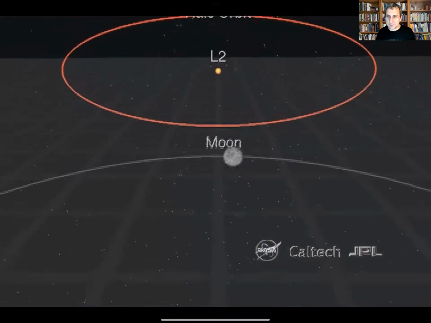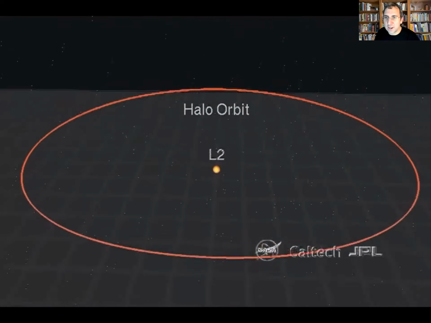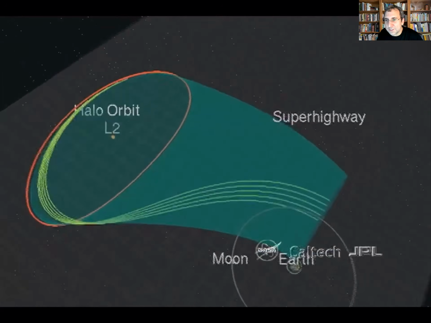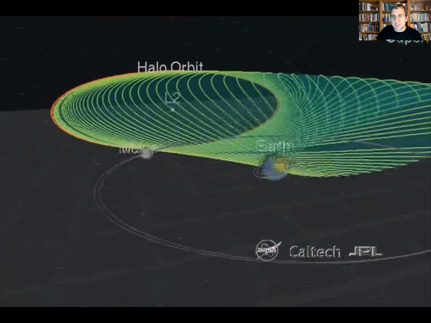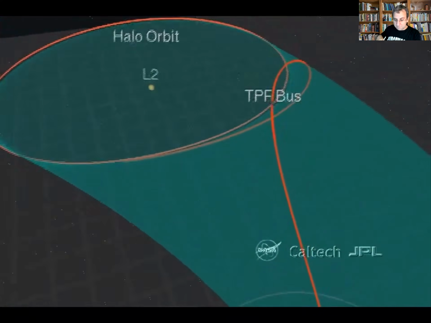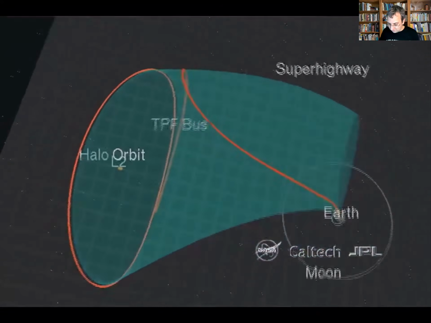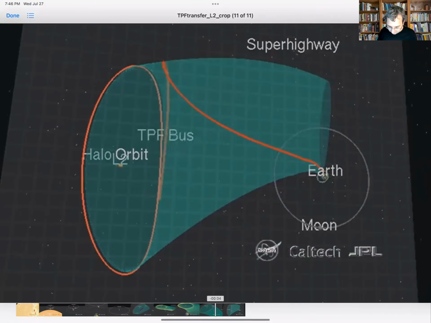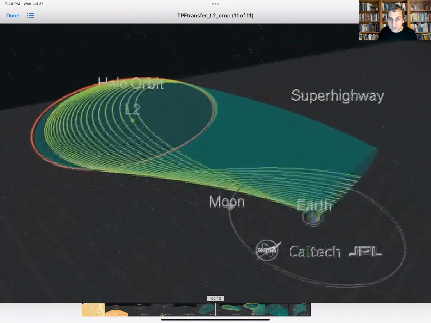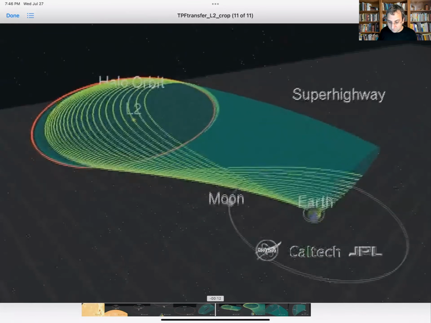And then here's another video that we've made. So this is a halo orbit, and we'll show the entire sheet of trajectories. But this is just made up of a bunch of individual trajectories, and then we picked one that seemed to go to the Earth. And we go back, and you can see the individual trajectories on this stable manifold.